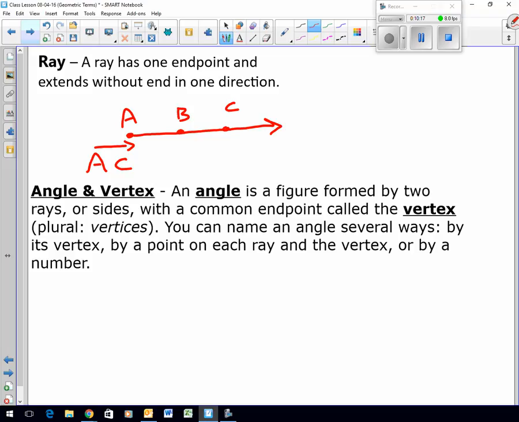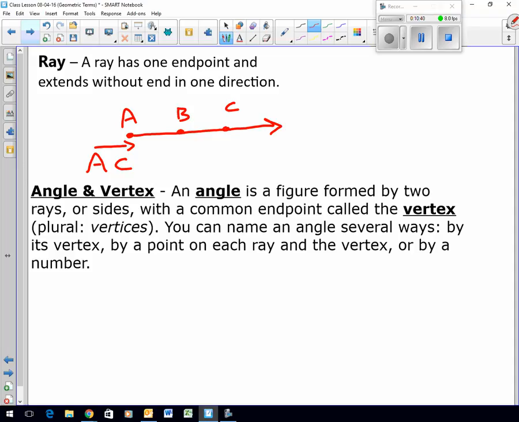This symbol is a ray. It tells me ray AC, where I start at point A, go to and through everything on my way to point C and beyond. Okay. So far, so good. I mean, you've seen this before, right? Once upon a time in fourth grade before you're sleeping. All right, good deal.